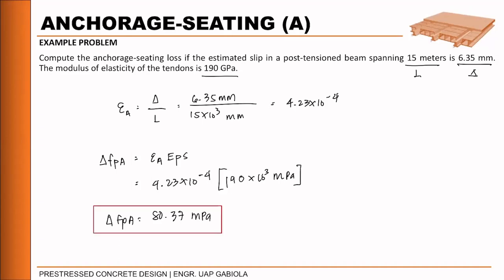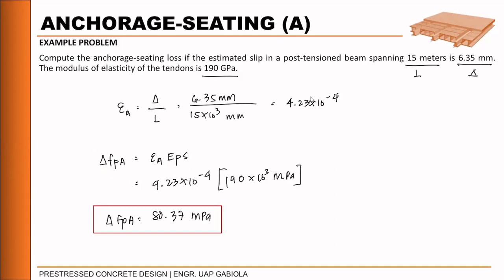So, basically, substitution lang siya ng formula halos dun sa given natin. Right after ma-identify natin yung strain, multiply lang natin dun sa modulus. Okay? So, kung papansinin nyo, ito yung Hooke's law natin for stress and strain, no? Kung matatandaan ninyo. So, ginamit lang yan dyan. Okay? So, that's for anchorage slip.